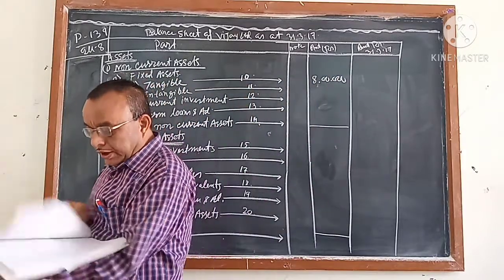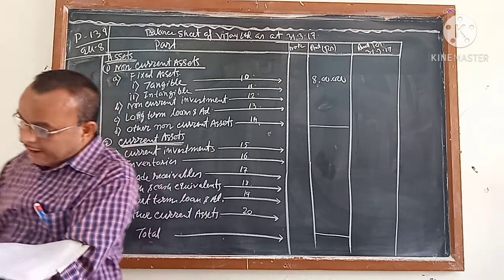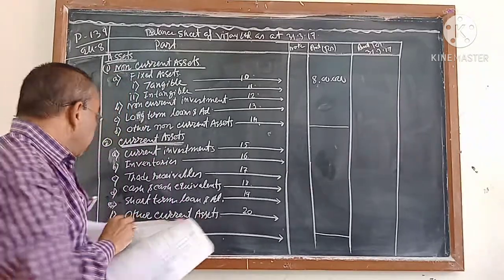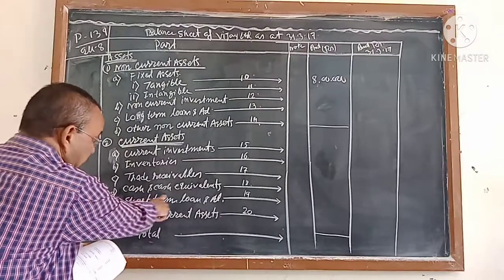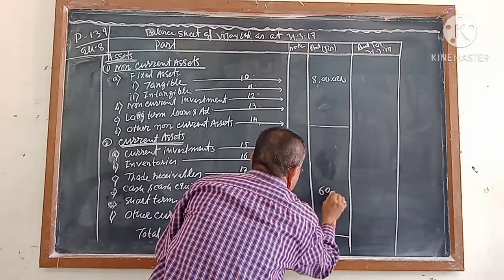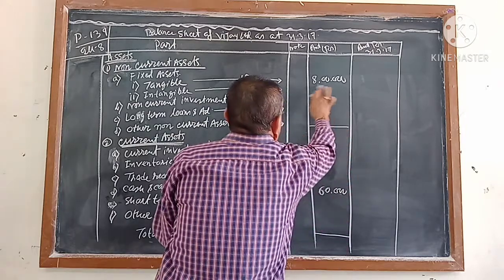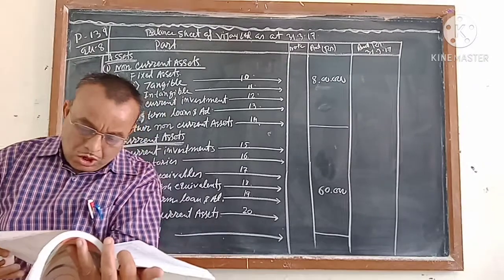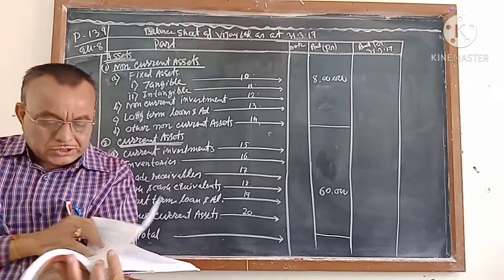Next, you are getting, according to your question, cash and cash equivalent. How much? 60,000. Cash and cash equivalent you are getting it here. Cash and cash equivalent 60,000. Then you write 60,000. Next, you are getting long-term loans and advance.